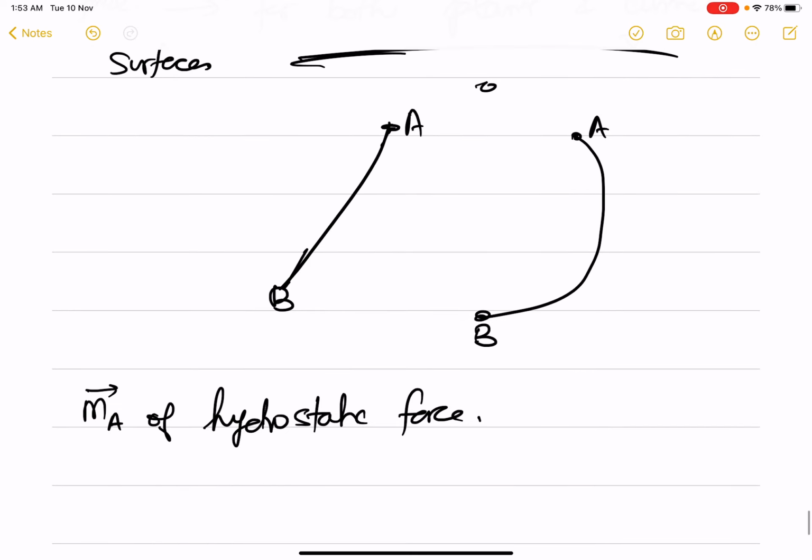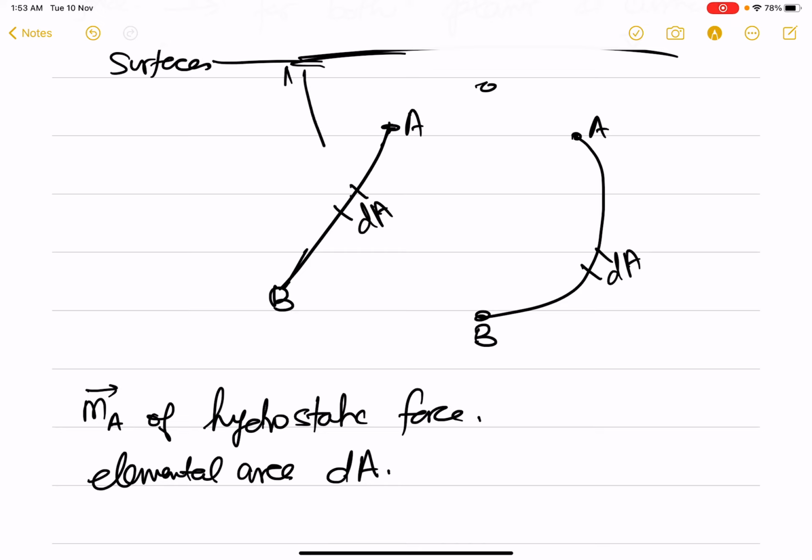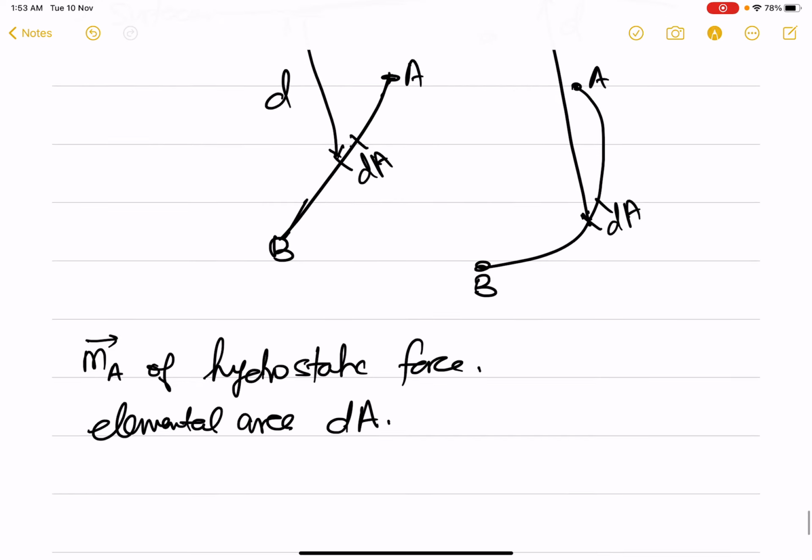So what we will do is, we take an elemental area dA. And this area dA is at a depth d from the free surface.